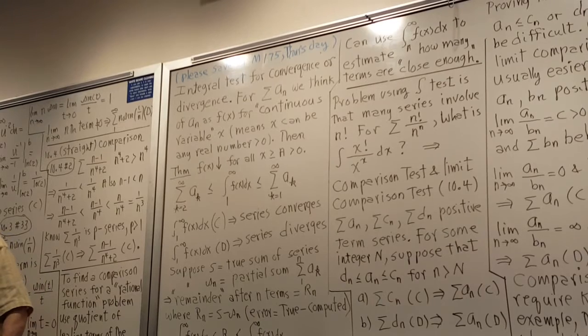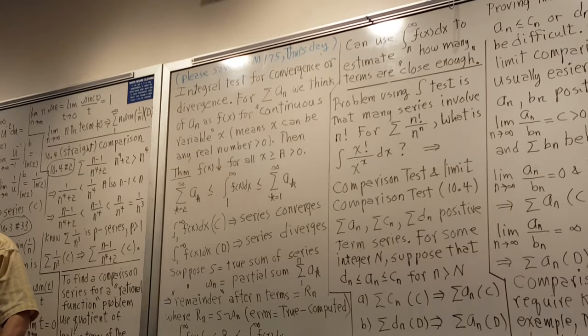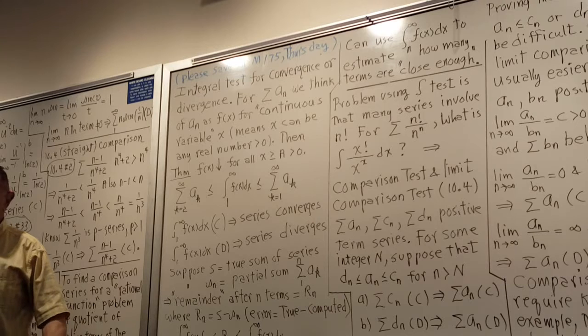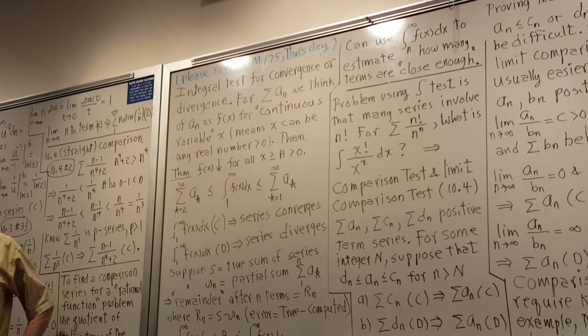Well, the answer is you can't, because we don't know how to integrate factorials. You can look through your book in vain and you don't see how to do that. So there are a lot of series where the integral test won't work because you can't integrate it.